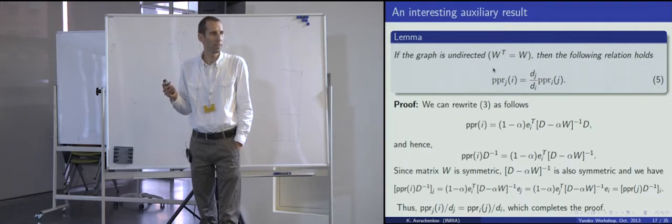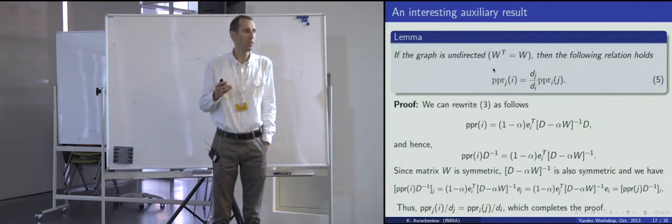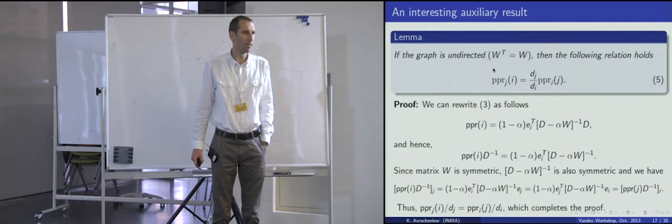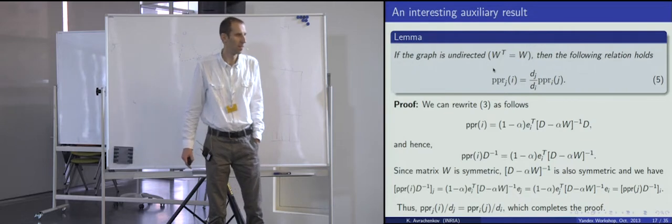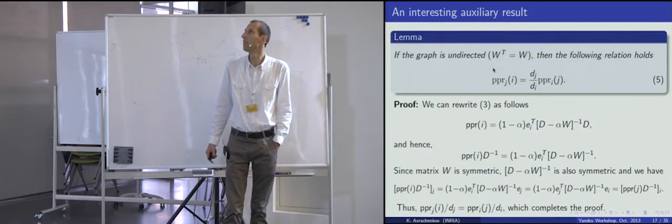It's a PageRank, yes. It's a random walk with absorption. This is the matrix P_ij, P_i to j, and that's this PPR_ji. So what he's saying is that the ratio of P_i to j to P_j to i is the ratio of degrees.